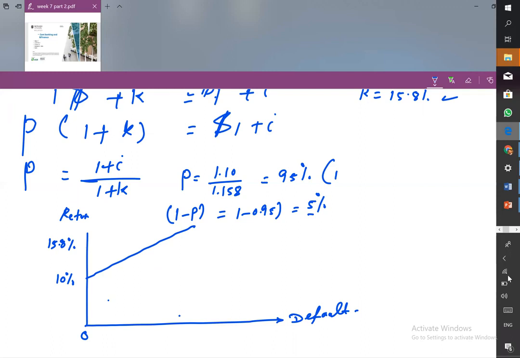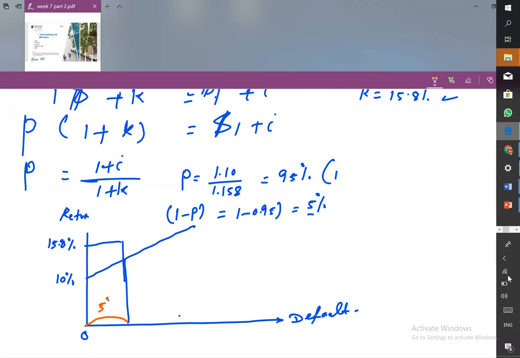I can draw it like this, and this area is 5%.